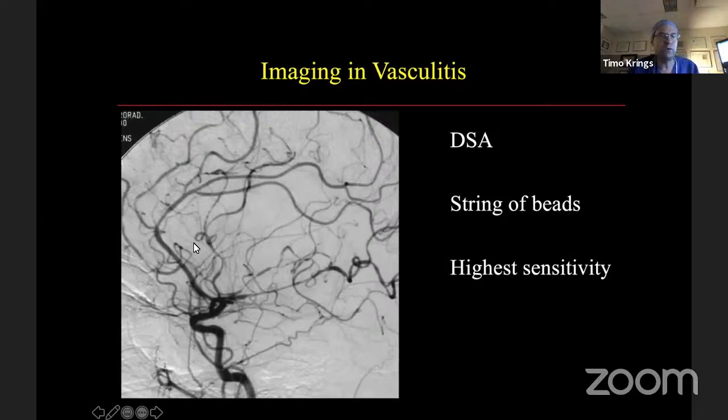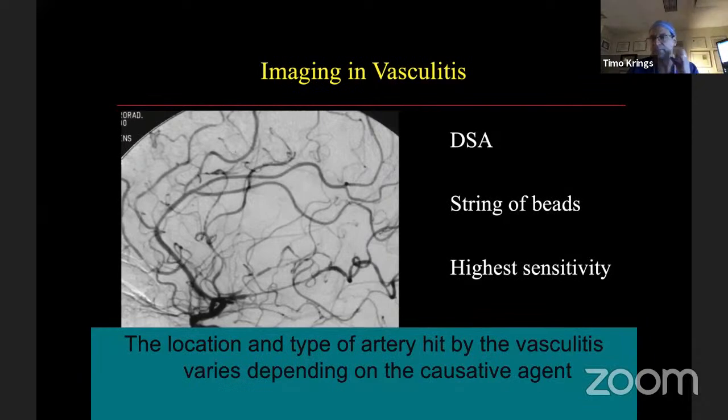And the closer you look, the more abnormal vessels you see all over the place here with this beaded appearance, classical for vasculitis. The location and type of artery hit by the vasculitis varies depending on the causative agent. So a Takayasu vasculitis will hit the large vessels.